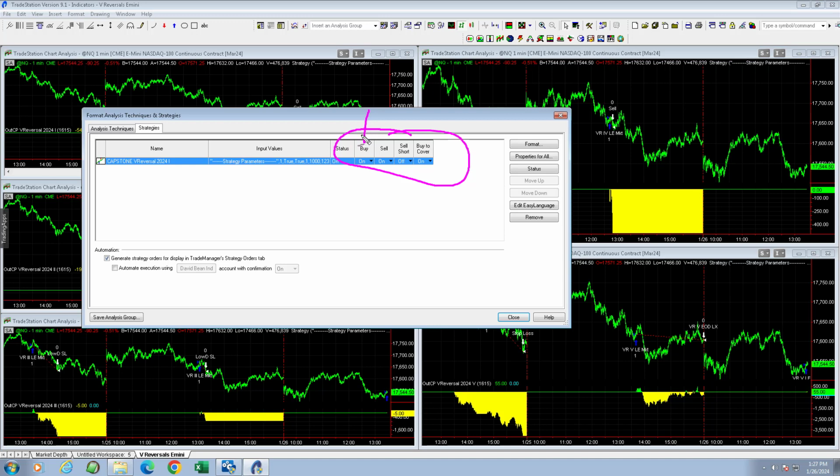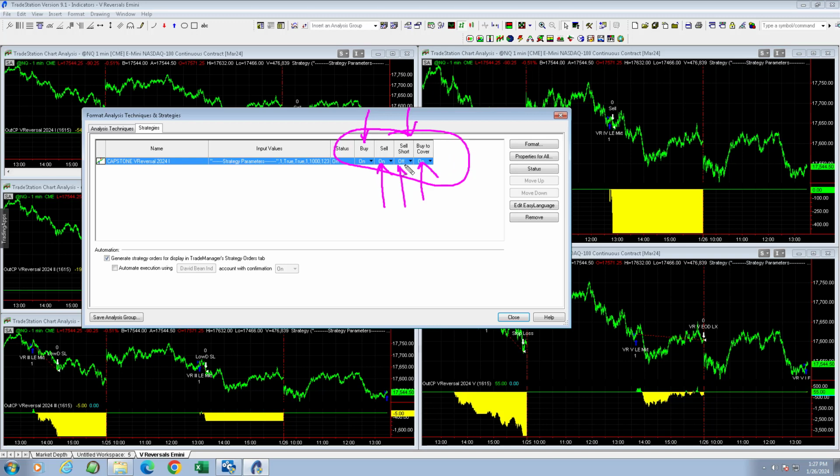This is the buy entry, this is the short entry. So buy is on, sell short is off. These are the exits. This is the sell for the buy signal, and that is on, and this is the buy to cover for the exit for a short trade, and that is set to on, which doesn't matter if this is off. It won't exit any trades if it is off.